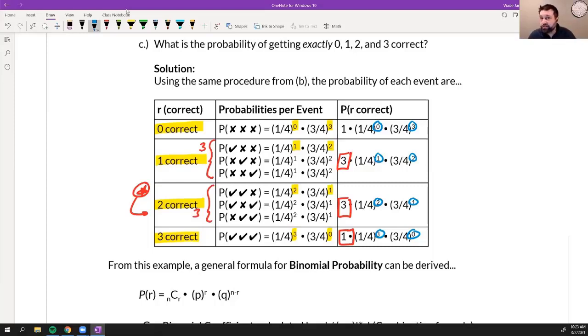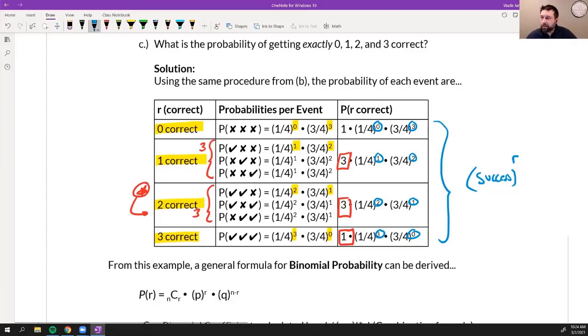There are 3 trials, and our exponents always add up to 3. If you look at P, the probability of success, that is to the power of the number of successes. And the power of failures is the total number minus the number of successes.